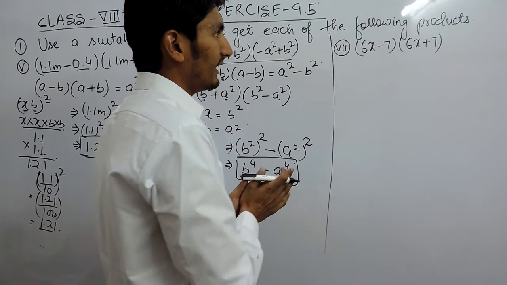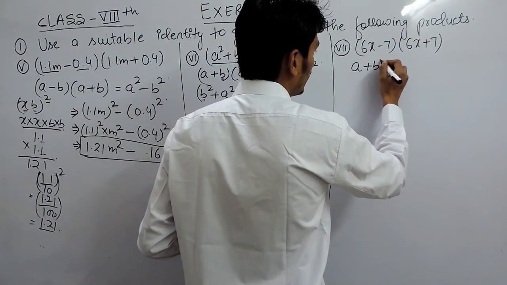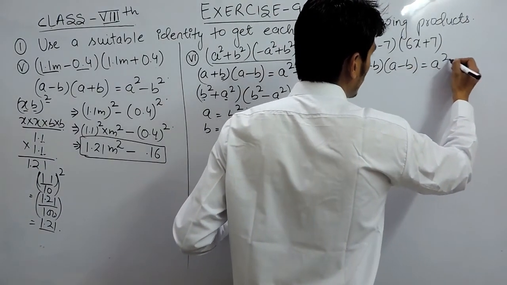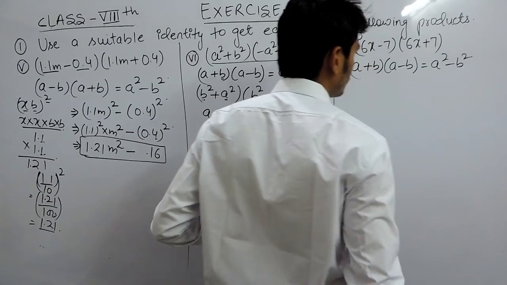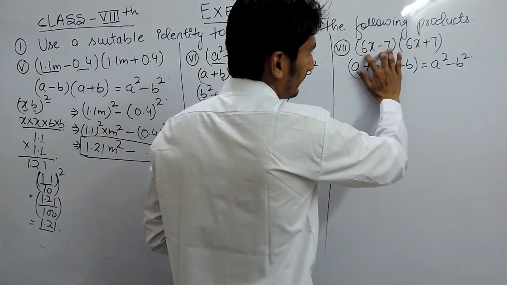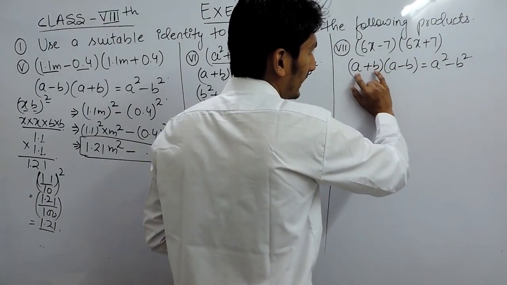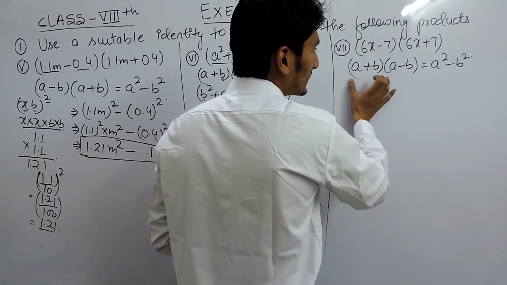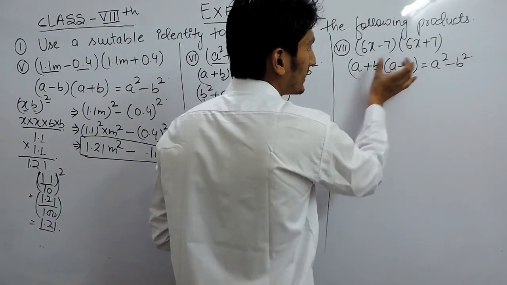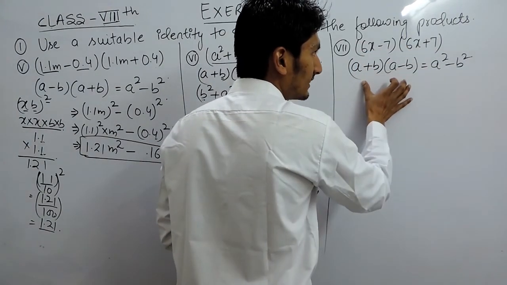Now similarly here also we can use the same formula, which is (a plus b) into (a minus b), and this is equal to a square minus b square. This expression is the same as this. This is a minus b, multiplied with a plus b. This won't make any change whether I multiply this with this or this with this. The result will be the same.